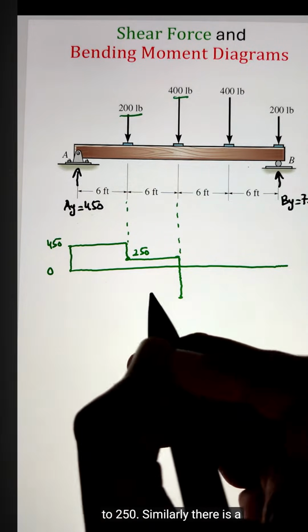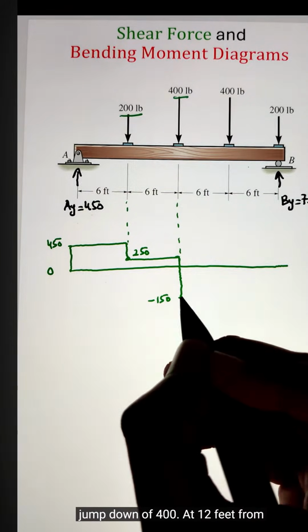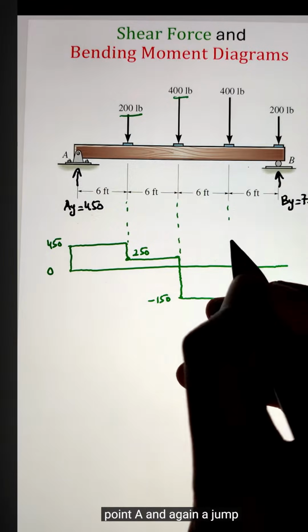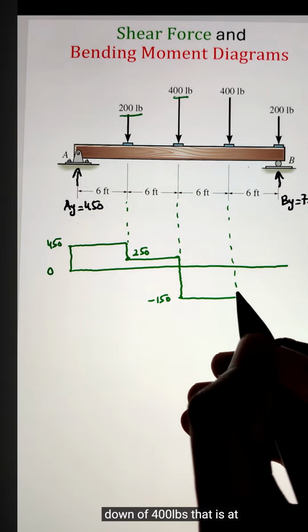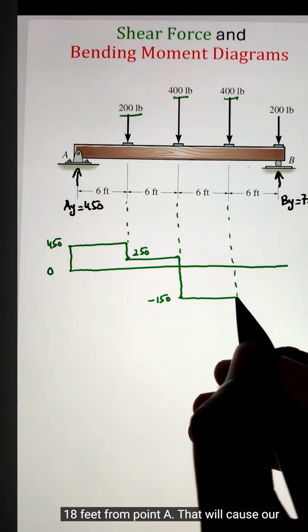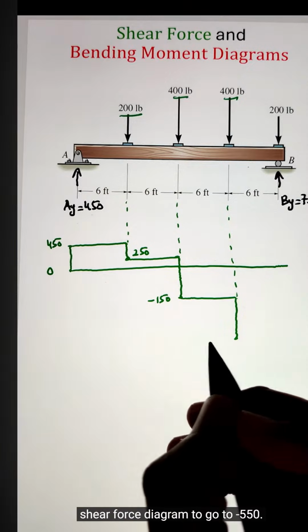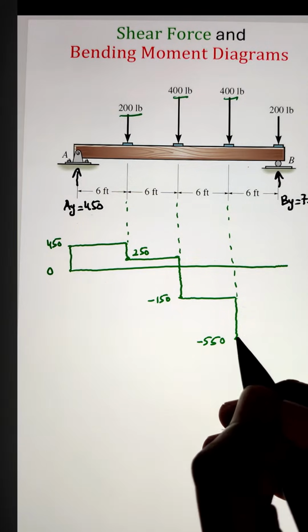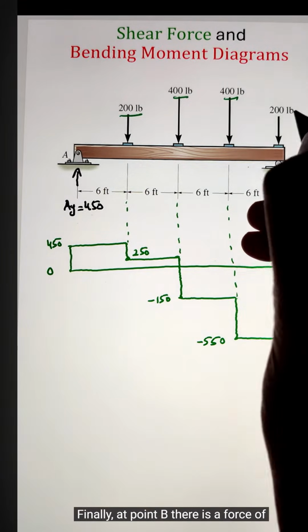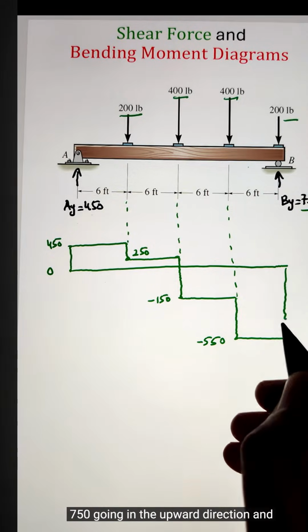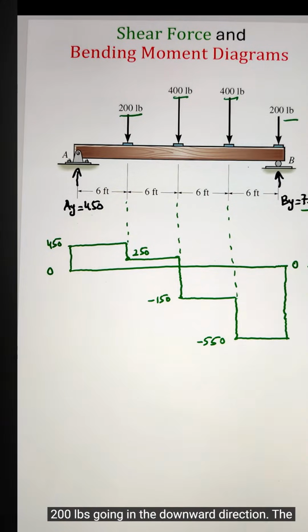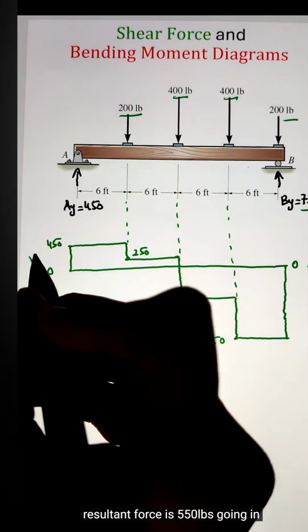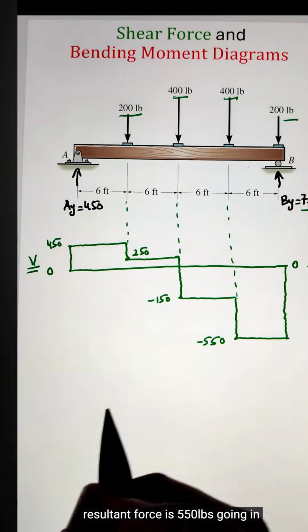Similarly, there is a jump down of 400 at 12 feet from point A, and again a jump down of 400 pounds at 18 feet from point A. That will cause our shear force diagram to go to negative 550. Finally, at point B, there is a force of 750 going in the upward direction and 200 pounds going in the downward direction. The resultant force is 550 pounds going in the upward direction.